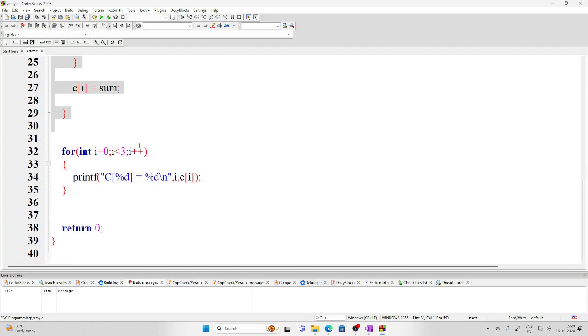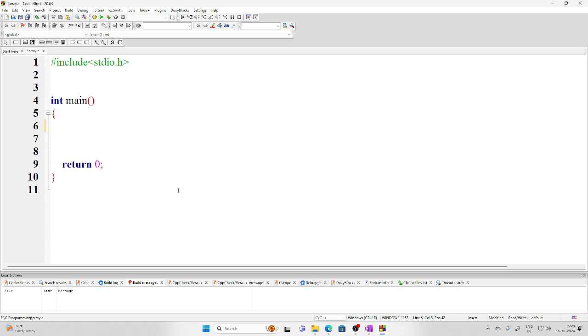First let's define x having n number of nodes. Likewise y having n number of nodes. Now can we do this? Yes, we can do this provided we have already defined this n. So int n is equal to how many nodes?